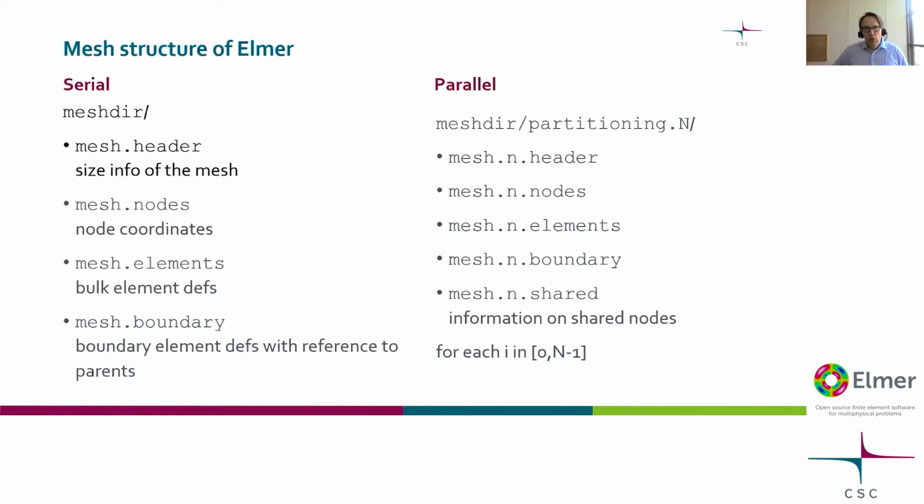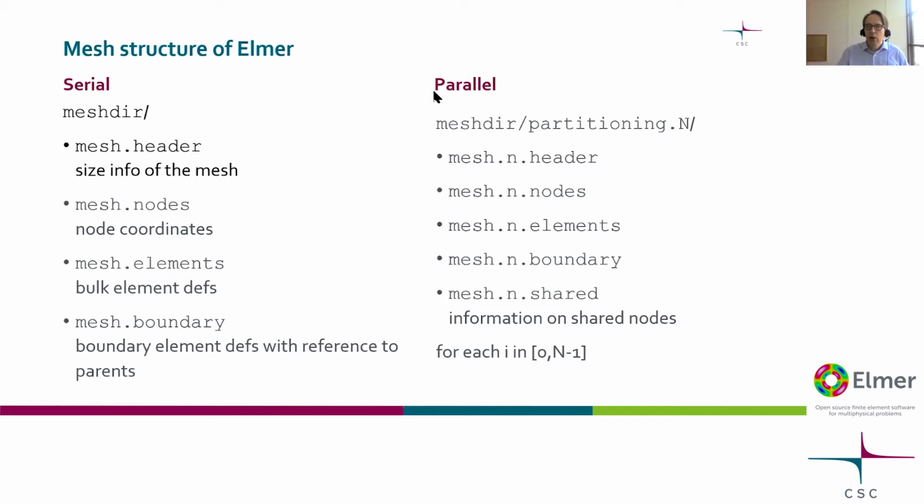Thomas already showed you the matrix structure of Elmer in serial and parallel. So in serial, the mesh lies under a directory, and it's really a simple data structure consisting of 4 different parts: the header, the nodes, the elements, and the boundaries.